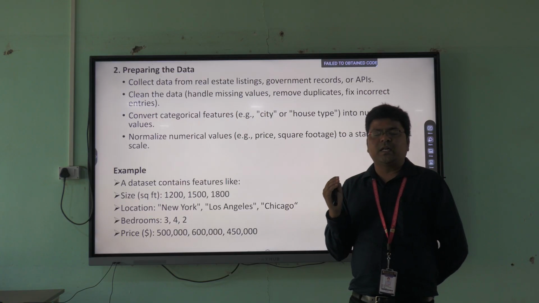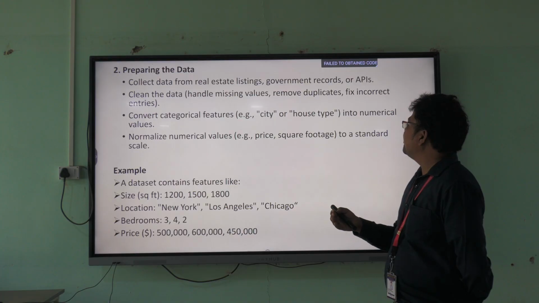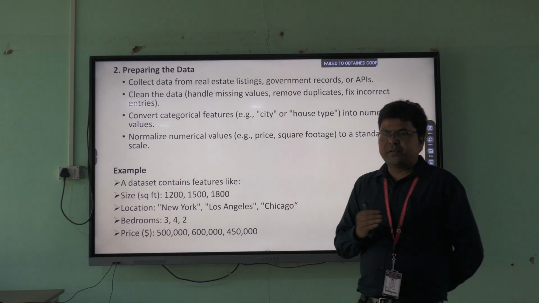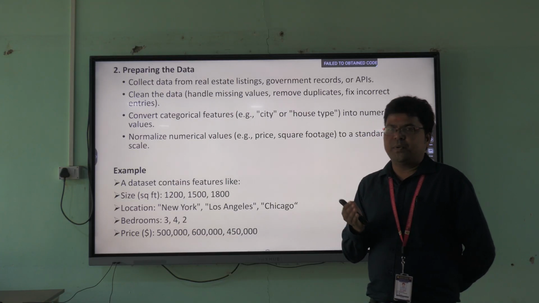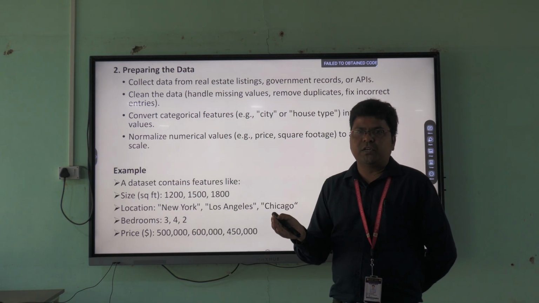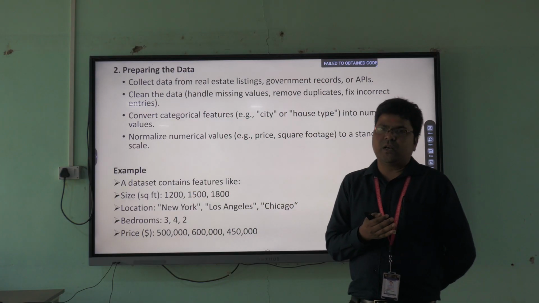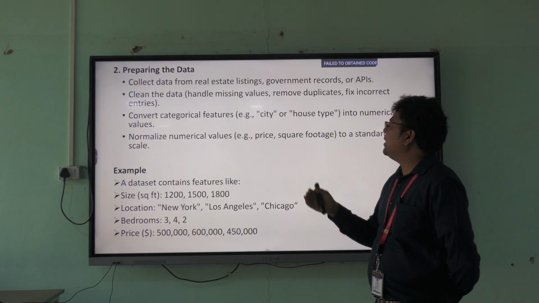Cleaning the data consists of removing the null values and duplicates, and fixing incorrect entries. Sometimes the data type is different, so data that should be numerical may be in string format. So we have to change the data into the correct format, removing null values and duplicate values. All this consists of cleaning the data.